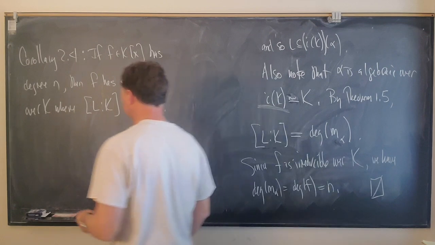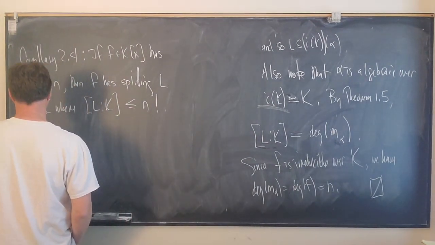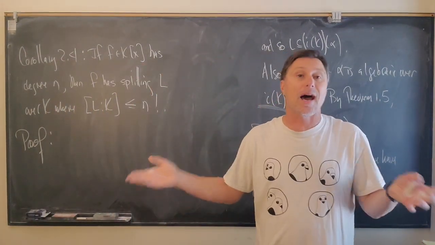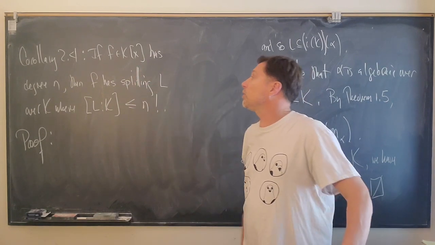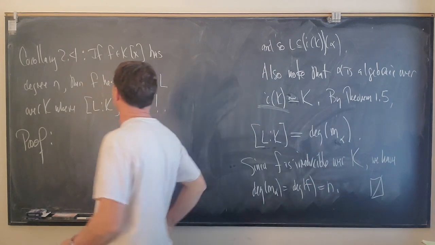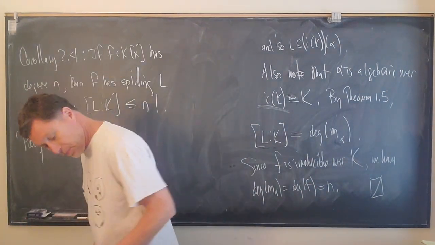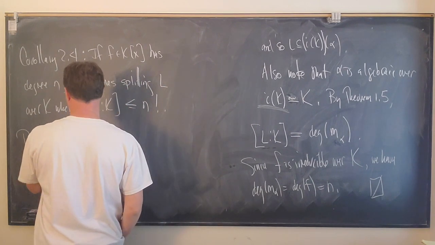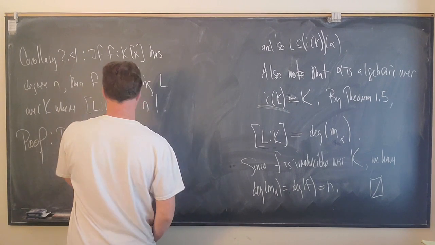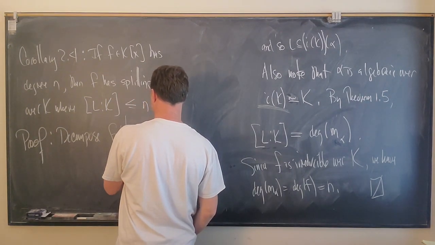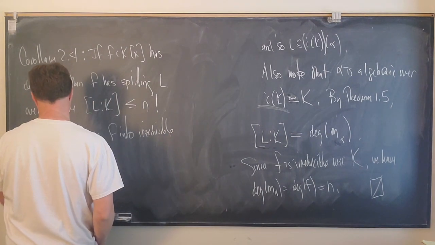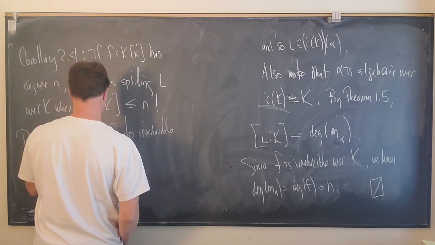And here's the proof. What we did when we proved Kronecker's theorem, we set it up where f was an irreducible polynomial. So what if it's not? If you start off with a polynomial f that is not irreducible over k, well then break it up into its irreducible factors. So let's say decompose f into irreducible factors in k bracket x.